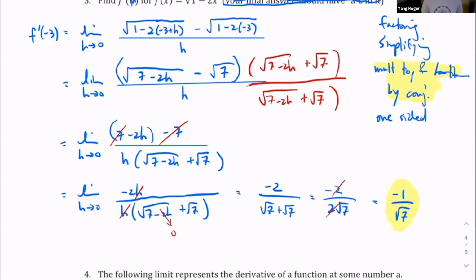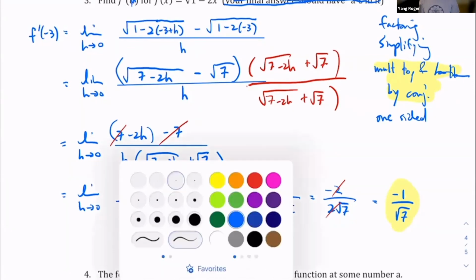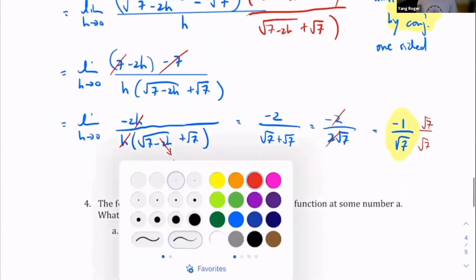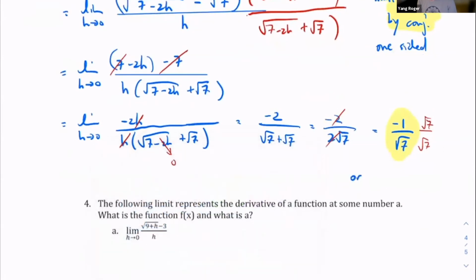Now that you mention it, I wonder if WebAssign will have an issue. So if you wanted to, you could multiply top and bottom by rad 7. And then if you did that, you would get negative rad 7 over 7, because rad 7 times rad 7 is 7.